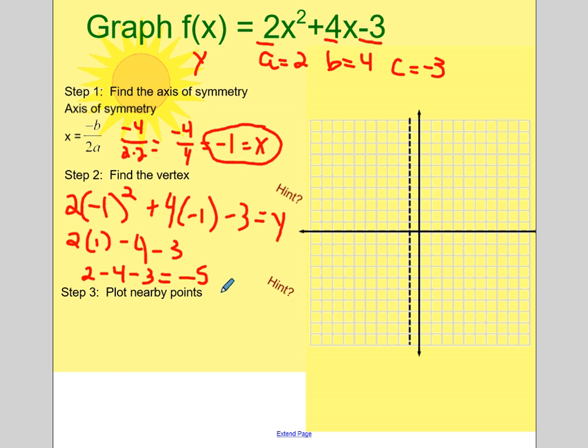All right, so now I have my coordinate point. I have my x value, which is -1, and I have my y value, which I just found is -5.